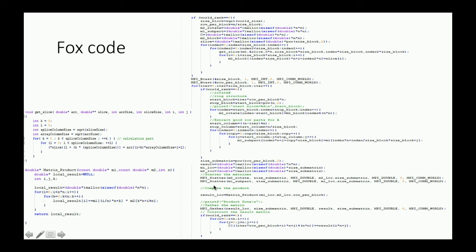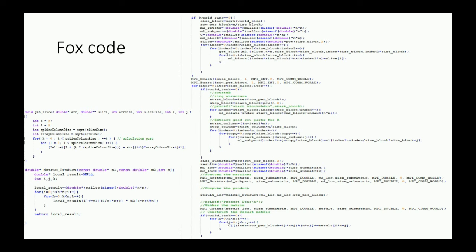We scatter the rotated M2 and the M1 subpart that needs to be multiplied. Then we do the matrix product. It's a real matrix product because we have a small subpart of A and a subpart of B that are multiplied.